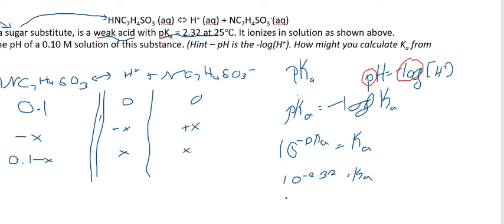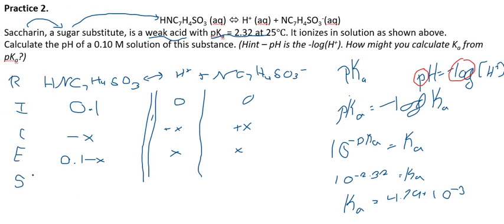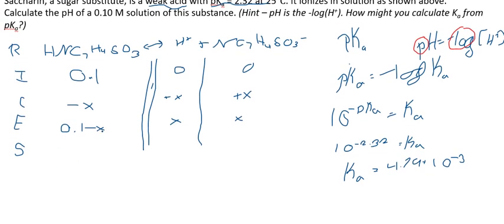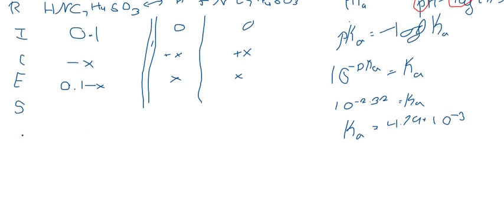And I get that my Ka is equal to 4.79 times 10 to the minus 3. Cool. So now that I know what my Ka is, I can continue to solve this problem like I usually would.